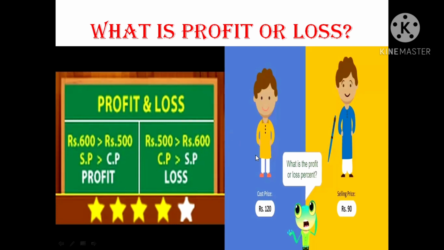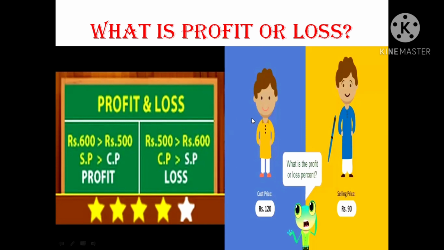Now can you tell me, in this situation there are two friends. One friend purchased a pen, that is the cost price, 120 rupees. He sold it to the other friend at a selling price of 90 rupees.